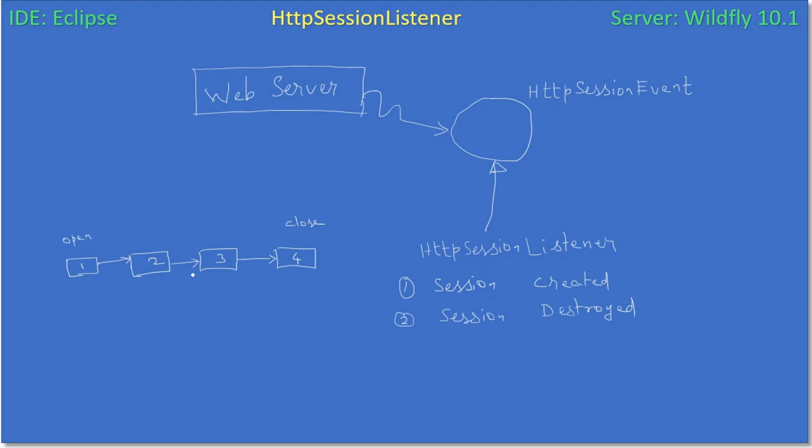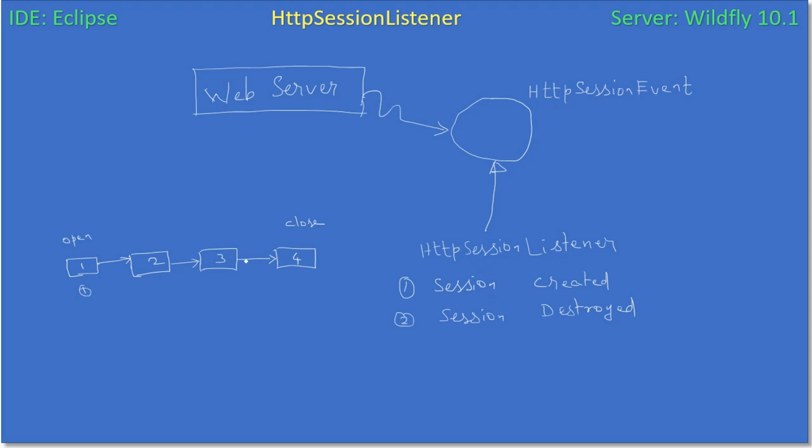So here it will produce the session created event. On the web server side, it says that a new user session is created. So it produces an HTTP session event, and it will send that notification to the HTTP session listener. So the HTTP session listener will get the HTTP session event when a new user session is inbound to the web server.